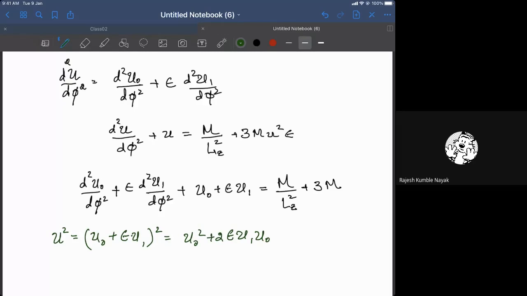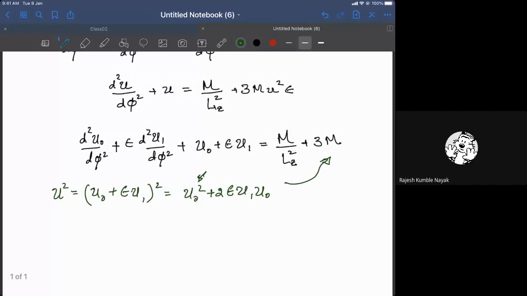And then you substitute back into this. There is already an epsilon there. So only u naught square would contribute. The rest of the terms are higher order terms. So you can write that directly as u naught square, because there is an epsilon here.